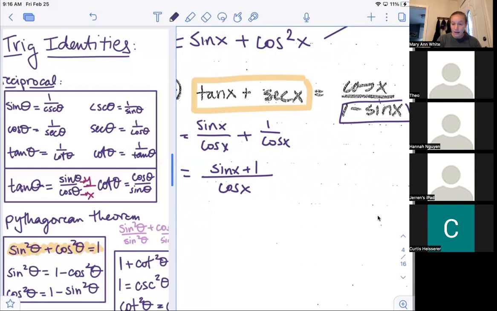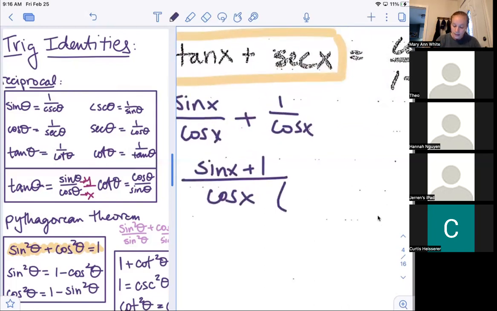I can't make anything right now be 1 minus sine x, but what I can do is multiply that on both top and bottom of my fraction, and that keeps the integrity of my fraction. It keeps my fraction still equal to what it was. So I'm going to multiply by 1 minus sine x on both top and bottom.